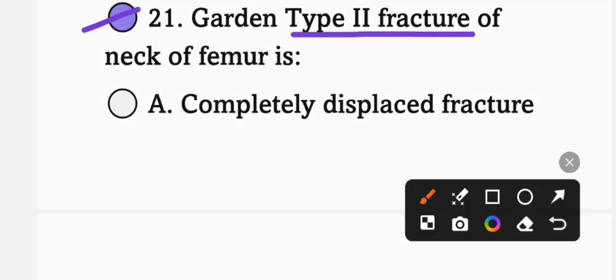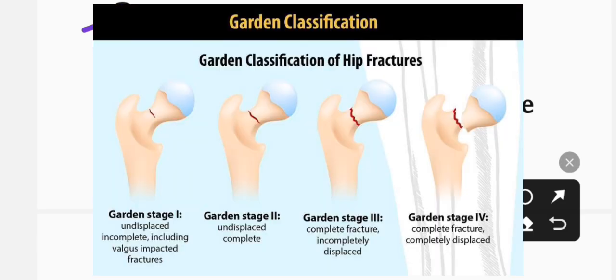Okay. So now come to question 21. Garden type 2 fracture of neck of femur is what? The Garden classification is a part of neck of femur fractures, and it is very frequently asked in exams. The Garden classification has four types: type 1, type 2, type 3 and type 4.